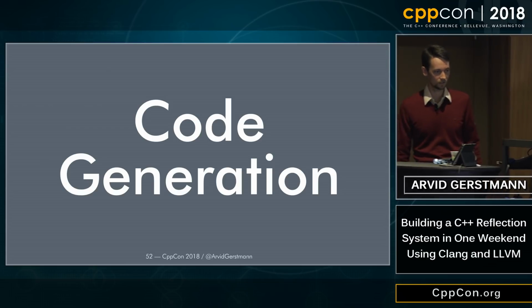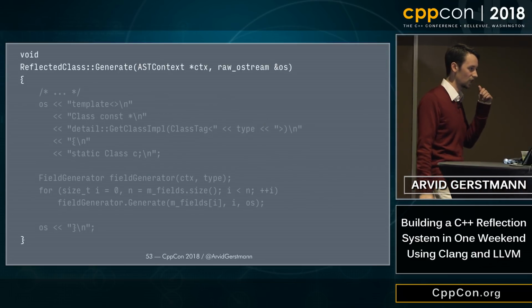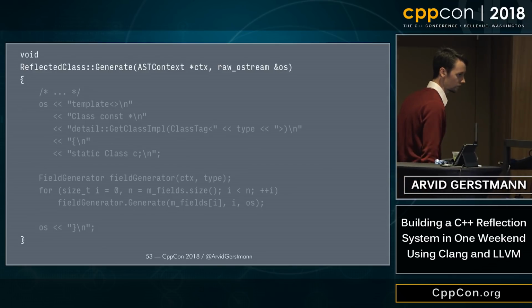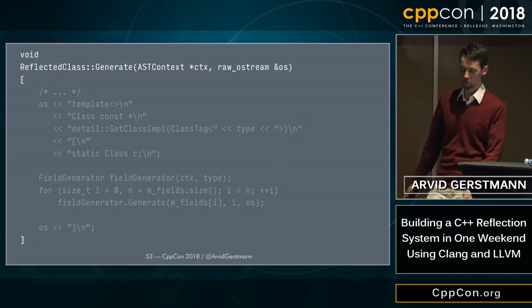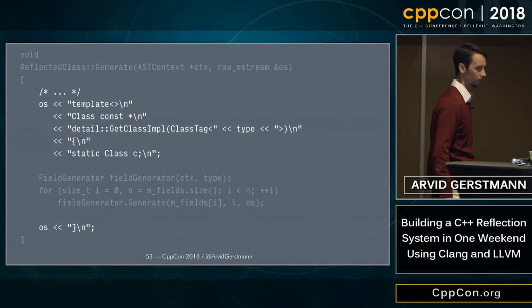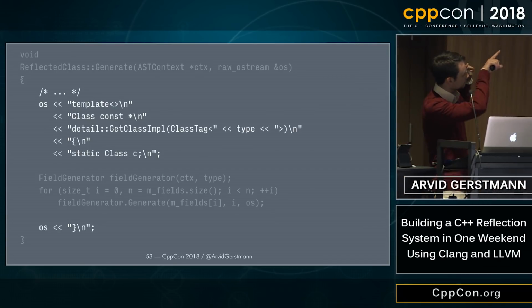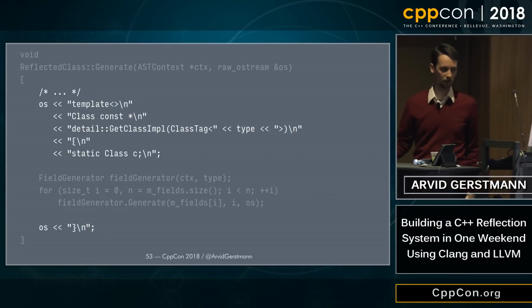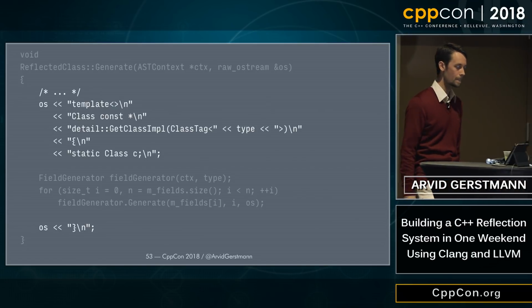So let's dive a little bit into the Clang AST. Here we have the generate function of our reflected class, and it's basically just printing all the things we need. So what we have here is some setup stuff, which I've just dotted out here because we're just printing pragma once, the namespace, the header guards, and stuff like that.